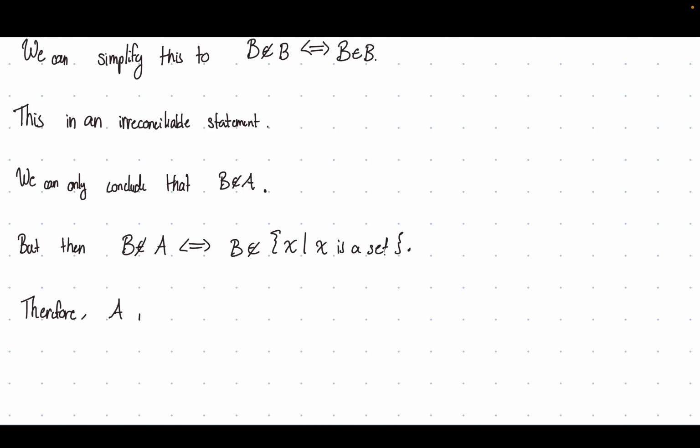Therefore, A equal to the set of X such that X is a set cannot exist. That is the contradiction. That is how we arrive at the fact that there is no set of all sets.